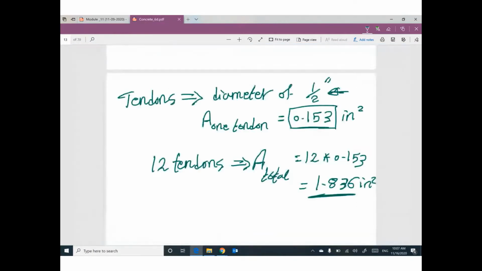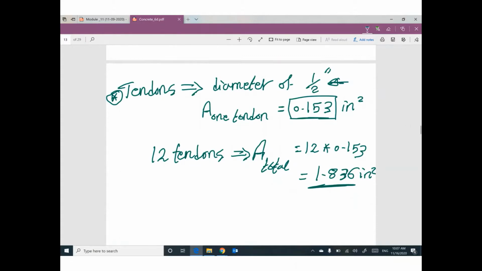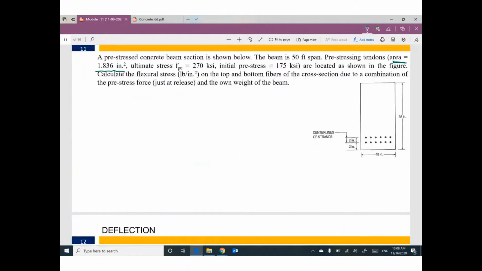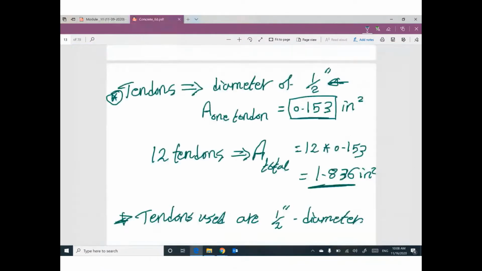But sometimes, this one is important, please pay attention. Sometimes, probably, I will give you that the tendons used are 1 inch diameter, and I will give you this cross section. So how can I get the final area for the tendons?